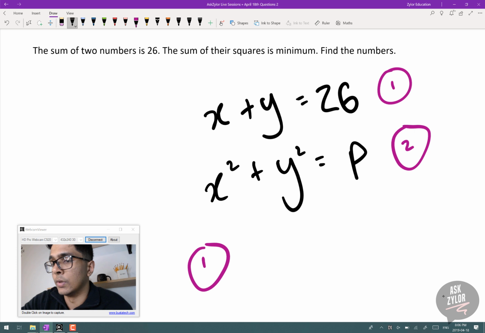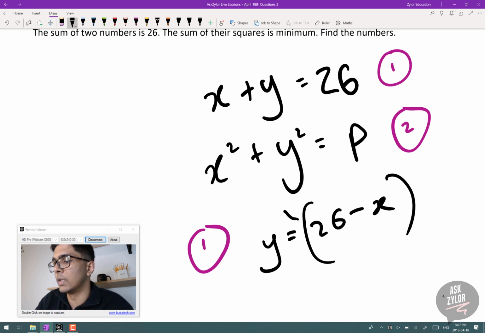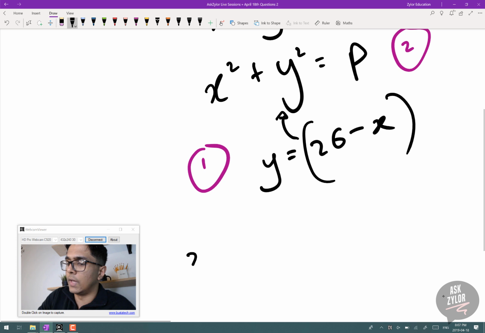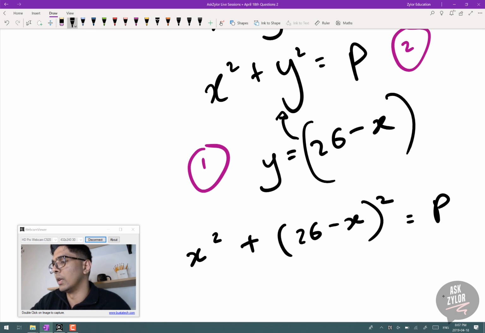So if I use the first equation and say y is equal to 26 minus x, I can substitute this into my second equation. So then I have x squared plus (26 minus x) squared is equal to P. P is going to be my minimum value.